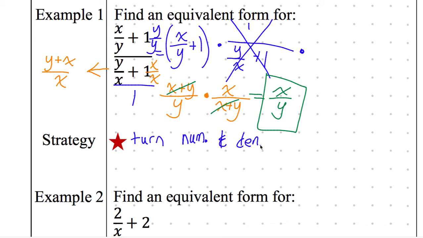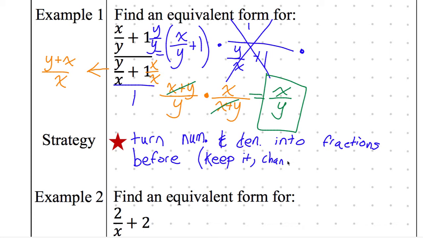Turn top and bottom into fractions before you do the keep it, change it, flip it. If you follow that one hint, that one strategy, it'll make all of these problems much, much easier.